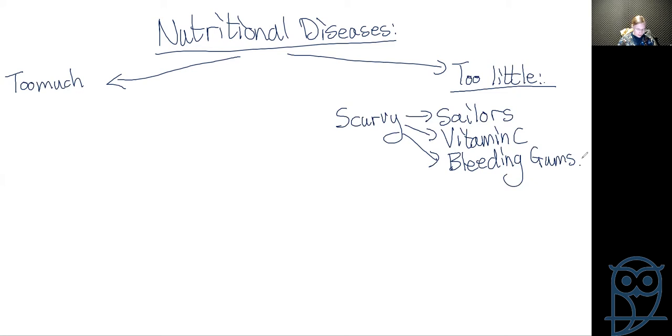Okay. The next one that your books talk about is called beriberi. So this is almost like scurvy, except that this is a vitamin B deficiency. And what this causes is problems with your circulatory system.